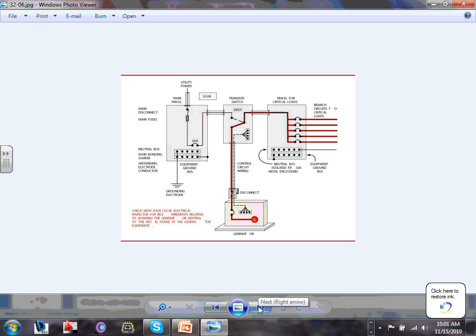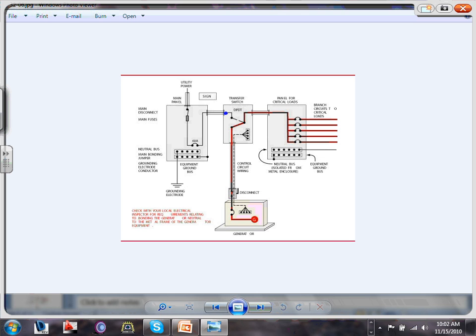Just FYI, guys, when you lose the power, this is where the auto transfer switch will sense the voltage right at this point. The sensor senses that there's no voltage here, and it has, of course, an electronic brain. It will send the signal through these control wires to the governor of this generator and start the diesel engine generator.